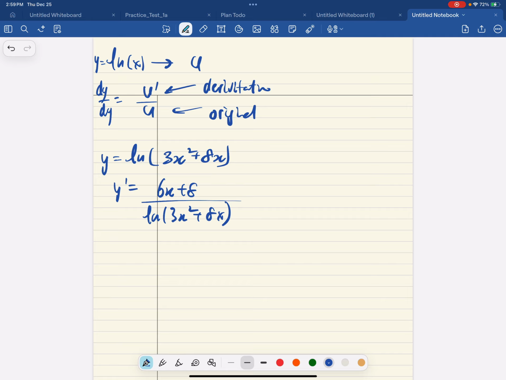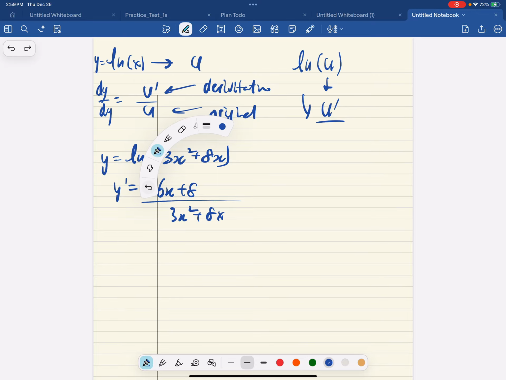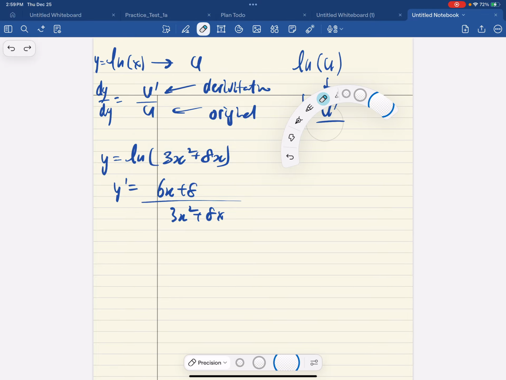Yeah, so the principle is that you use the notation ln u, and u is whatever function is inside it. The derivative will be u prime over u. Oh, sorry, there's no ln in the answer. It's just whatever is inside it. So the notation just follows the rule.